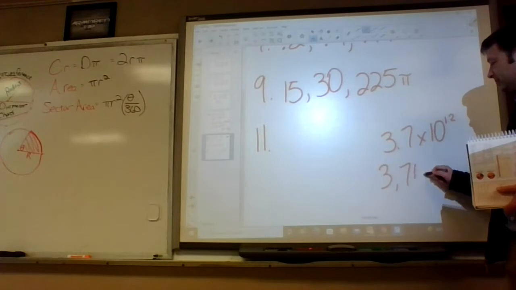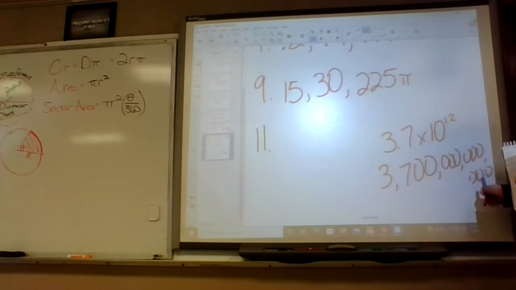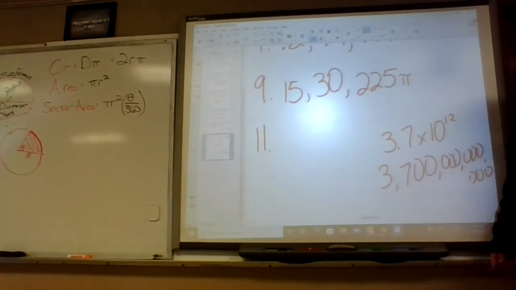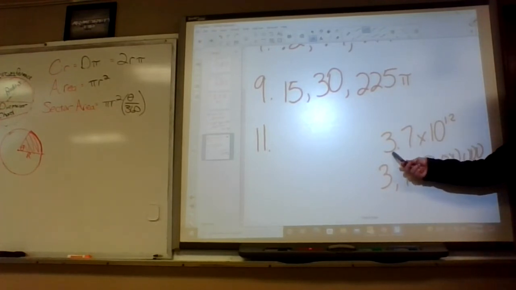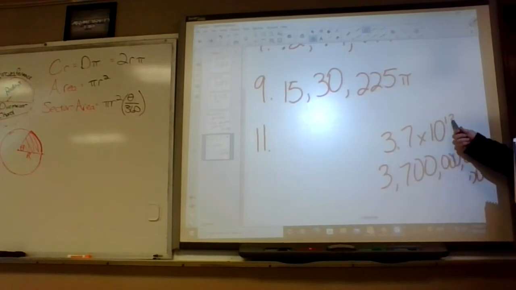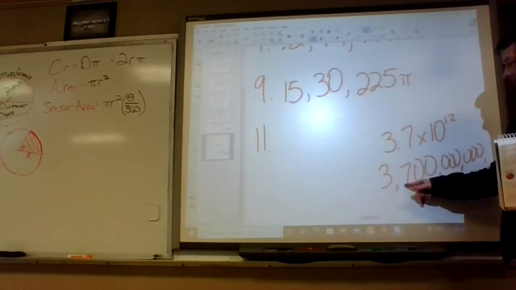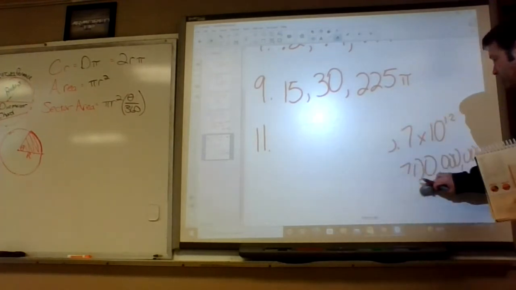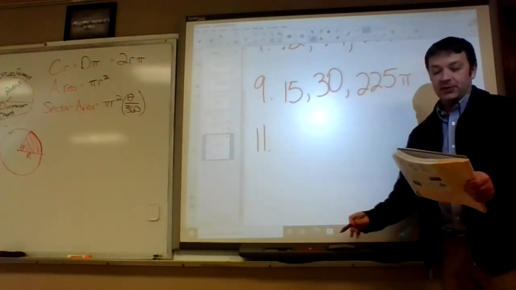So 1, 2, 3, 4, 5, 6, 7, 8, 9, 10, 11, 12. So that's ones, thousands, millions, billions, trillions. If it's times 10 to the 12th, that's actually 3 trillion. If it was times 10 to the 11th, that would be like 370 billion. Anyway, we'll figure it out. It's kind of a pain because it doesn't fit on the calculator.